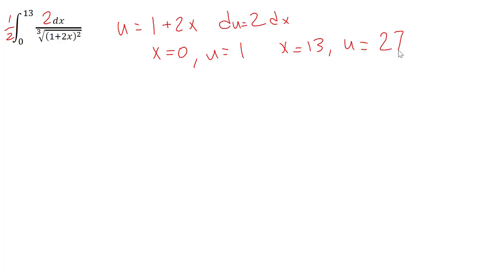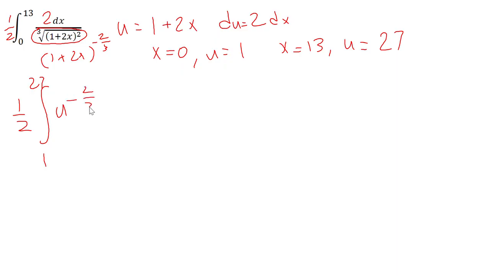And now we can rewrite this, noting that in the denominator here we have 1 plus 2x to the 2/3 power, which is really just like 1 plus 2x to the negative 2/3, right? So we have 1/2 now of the integral from 1 to 27 of u, the 1 plus 2x, to the negative 2/3 du.